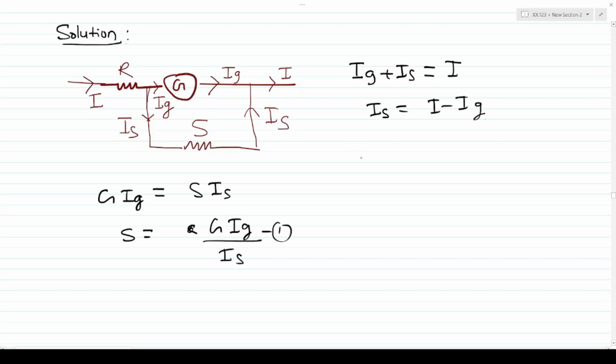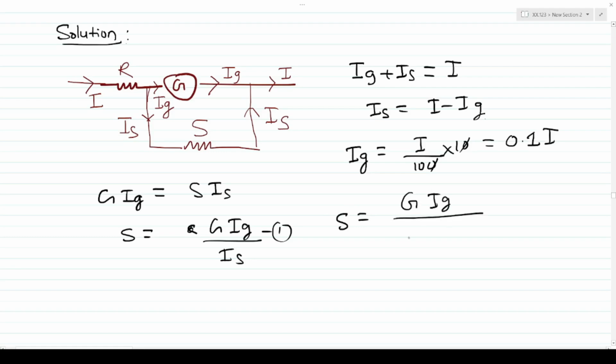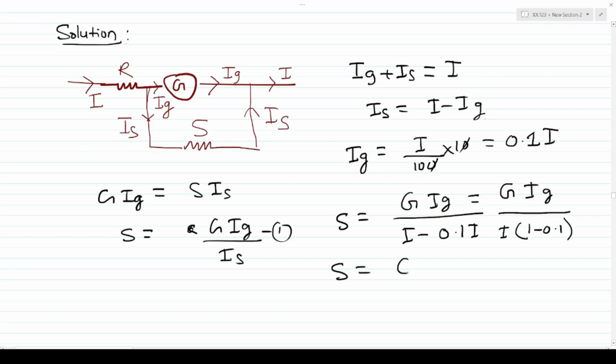Given only 10% of current is flowing through the galvanometer, therefore Ig equals to I upon 100 into 10 equals to 0.1 I. Therefore, S equals to G into Ig upon I minus Ig, that is 0.1 I. Therefore, S equals to G into Ig, Ig nothing but 0.1 into I divided by I into 0.9.